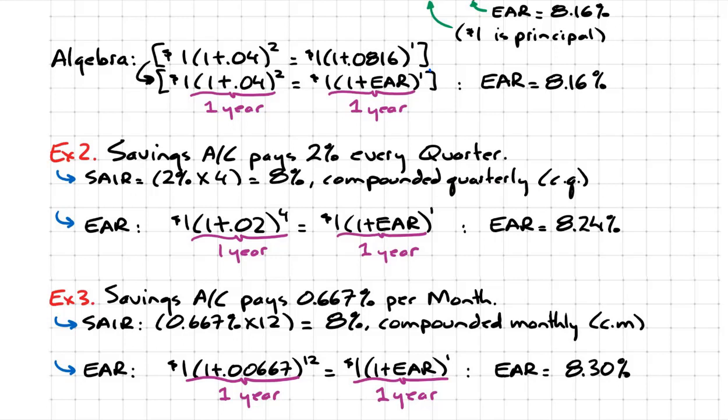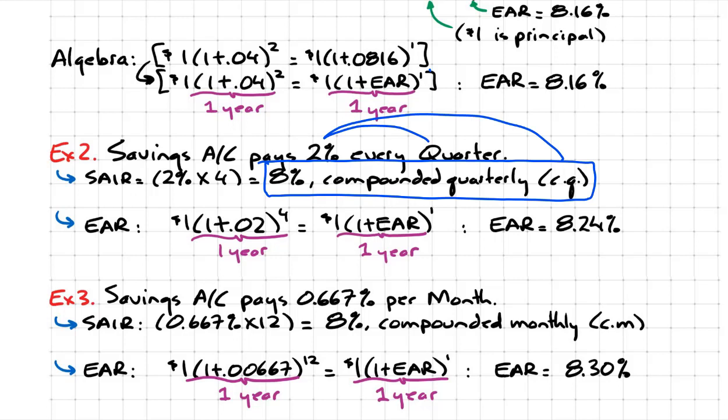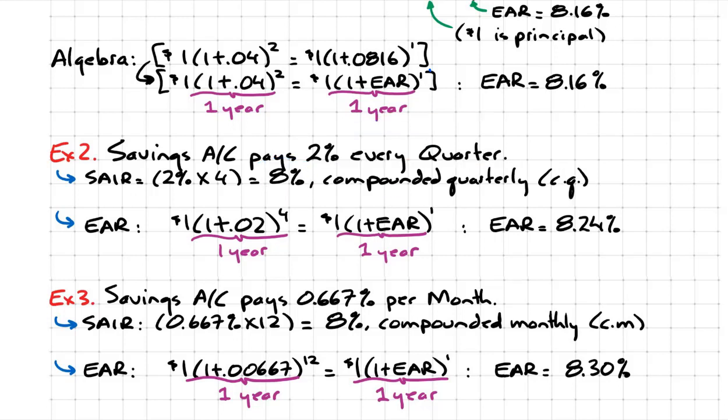So when we walk into the bank, we see this being advertised, 8% compounded quarterly. So then we work backwards and say, oh, that means the bank is paying 2% every quarter. And then you ask yourself, well, if that's the case, am I really making 8 or am I making something else? And that's where effective annual rate comes in.